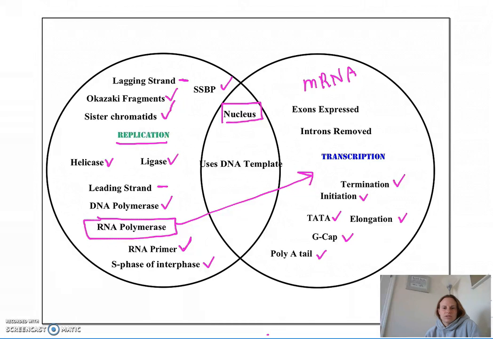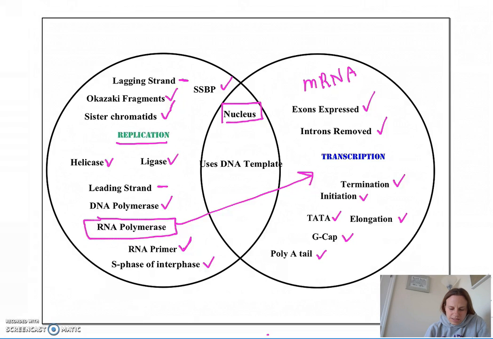Now, once that messenger RNA is in the cytoplasm, you have these introns that are going to be removed. Introns are that non-coding area found in your DNA. And then the exons are the coding sections of your genes that are found in your DNA that will be expressed.